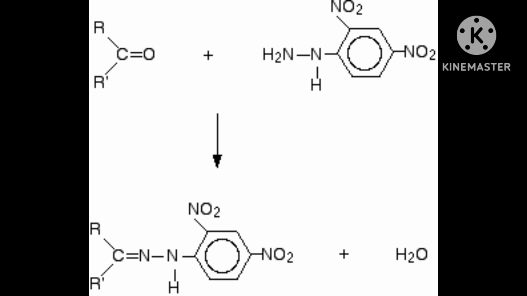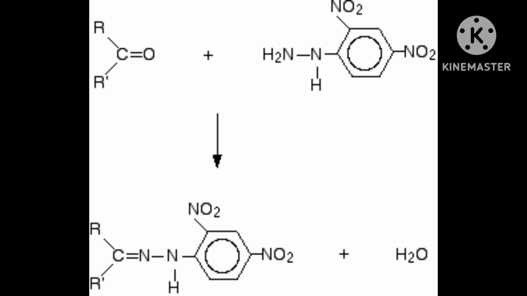You have to think what may be the possible structure. And second, the important point you have to think about in this type of question is what the product will be.